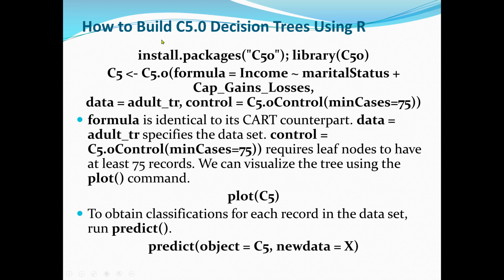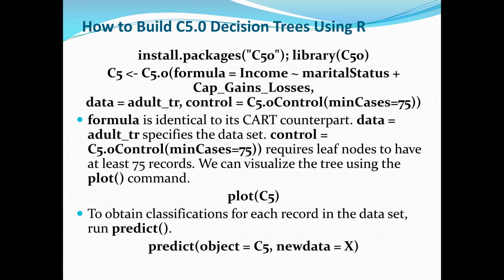So here we can see that we skip the previous slide, which shows the steps of how to load our data into R. Here we skip it, so we are assuming the data is already loaded in R. So next step, we are going to install the package named C50. In R, the C5.0 is named C50. We want to use it, so we have to use the command library(C50).